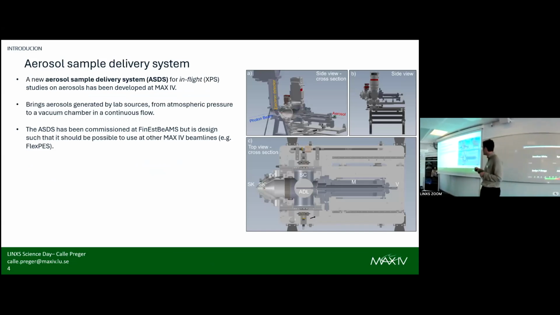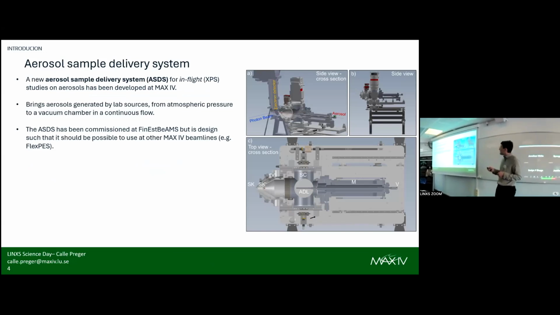You have the aerosol coming from here, and then you have the photon beam, and these two should intersect below the electron detector, the hemispherical analyzer, to collect the electrons that are excited from the particles.